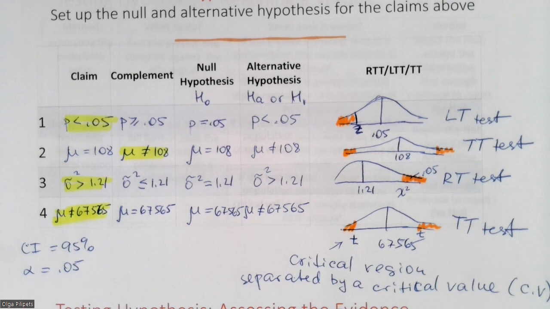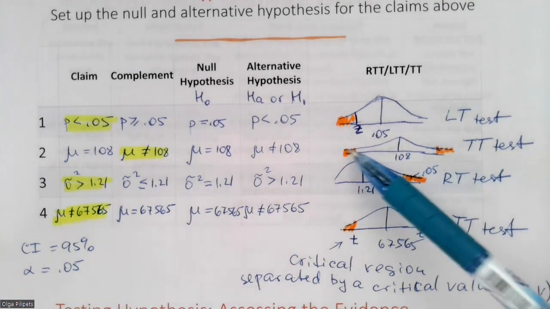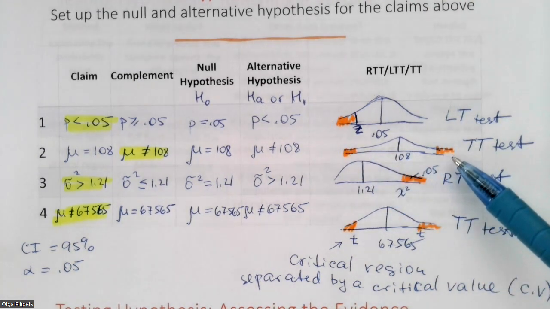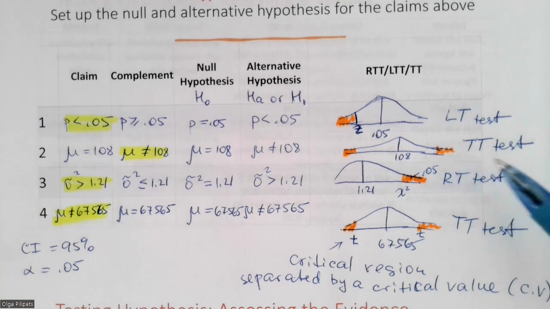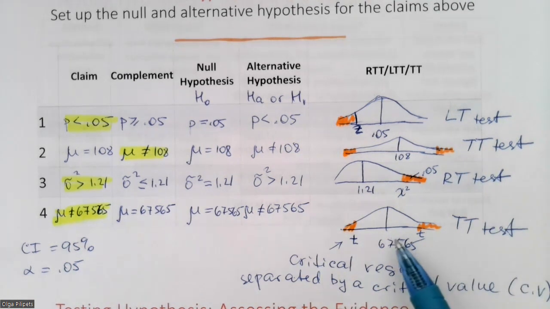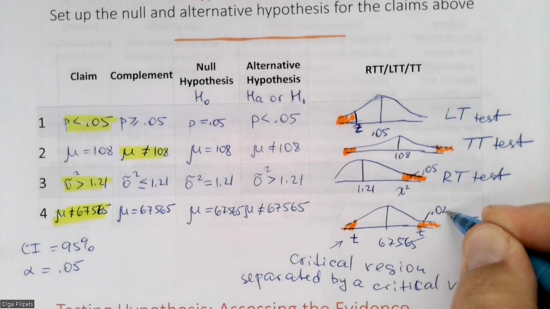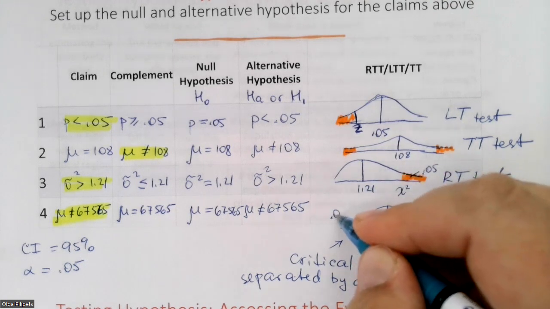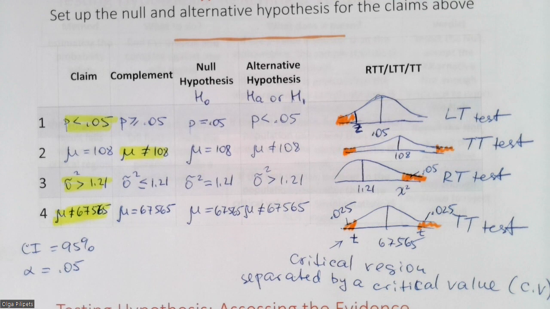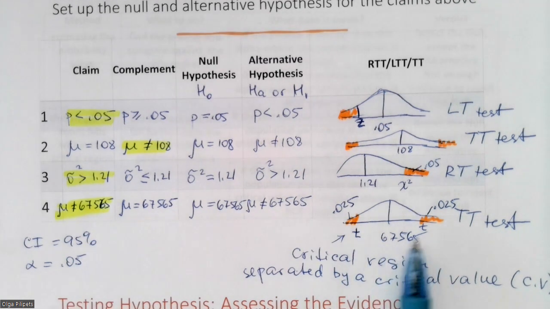What's different from unit 10 is that, remember, in unit 10, you always split your alpha in 2 tails. That's going to still be the same if we're talking about the two-tailed test. In a two-tailed test, the alpha will be split, and you're going to have 0.025 on one side and 0.025 on the other side, and you're going to have two critical values and two critical regions as well.